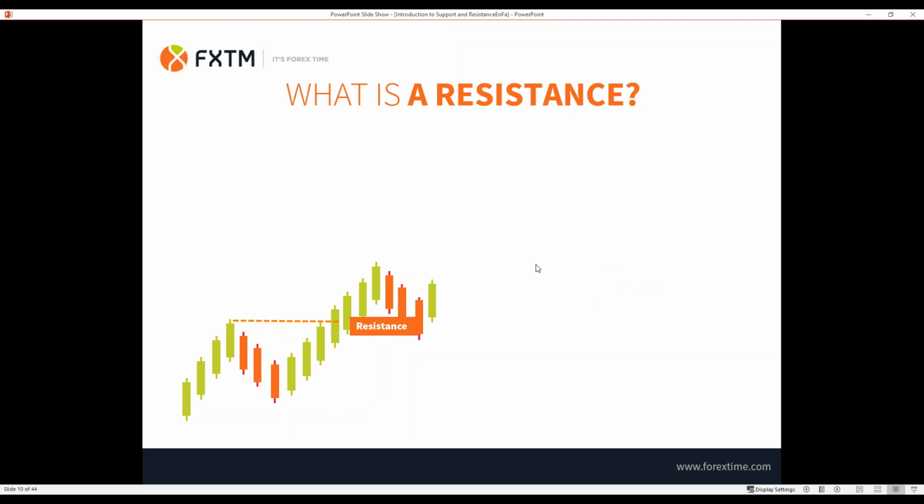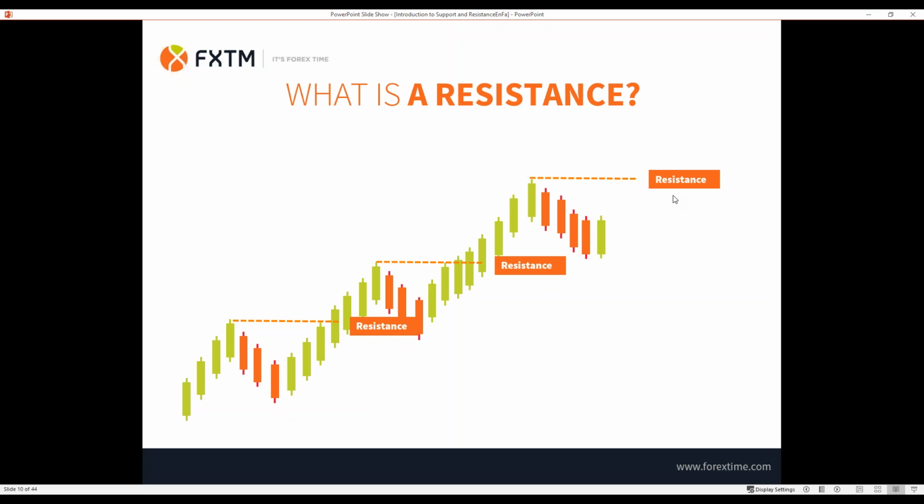Another resistance here, it's another top. And another top here is another resistance, right? So you see, it's very easy to identify a top, and similarly, you will be able to identify a resistance.